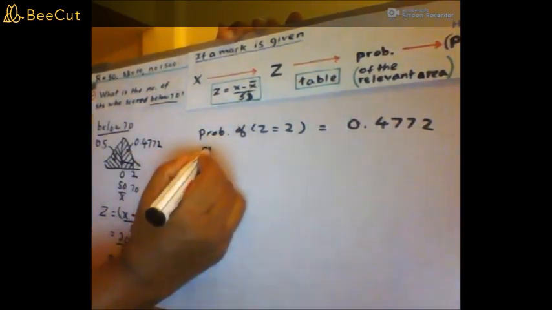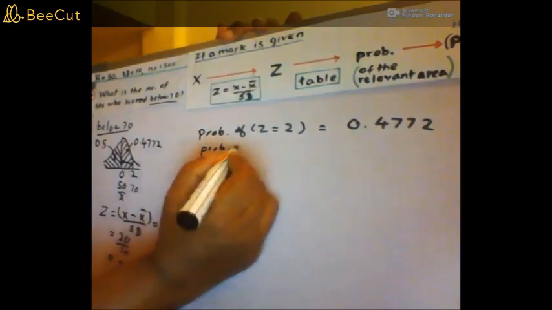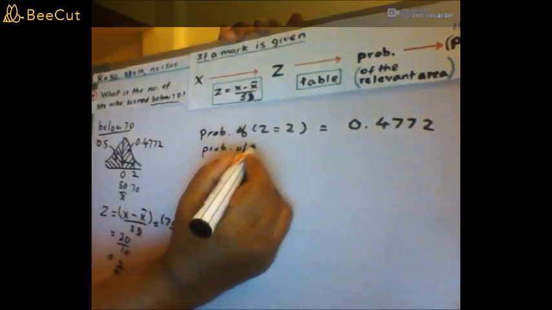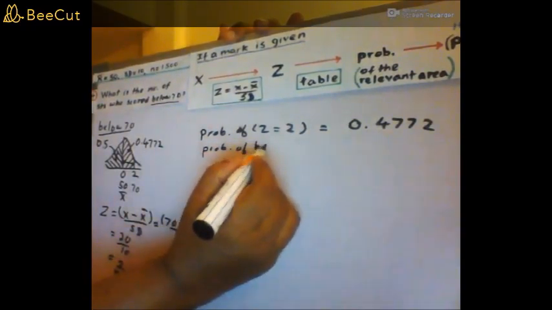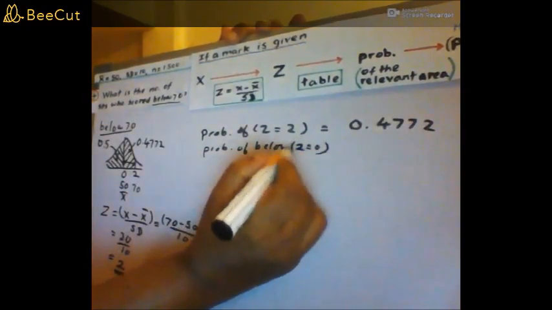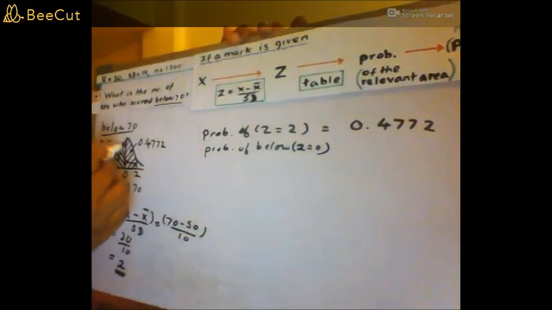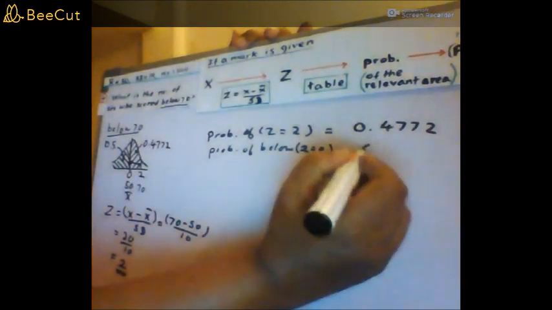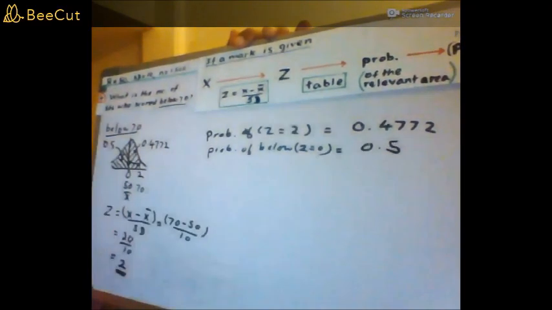Or you can write probability of below Z equals 0, that is 0.5.